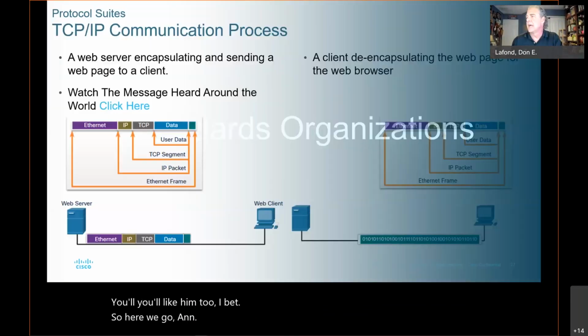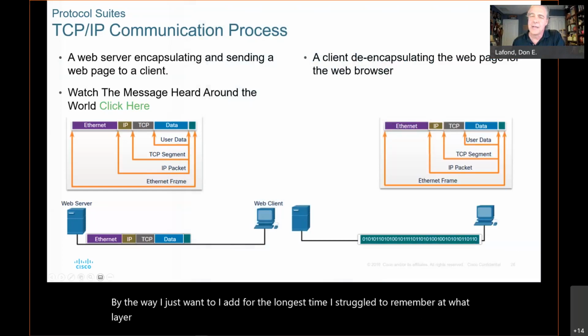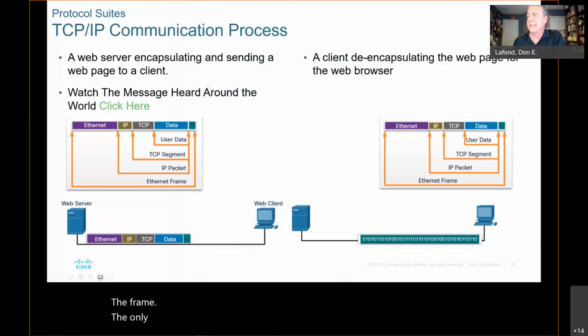By the way, I just want to add, for the longest time I struggled to remember at what layer these names came with, and then I learned that the frame, the only one that's not exactly easy, but it is an Ethernet frame, so maybe you can remember EF. But the frame has a frame check sequence.